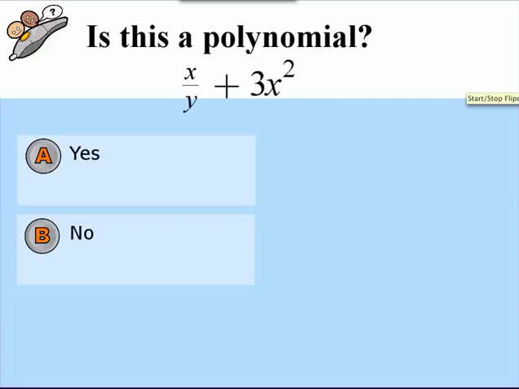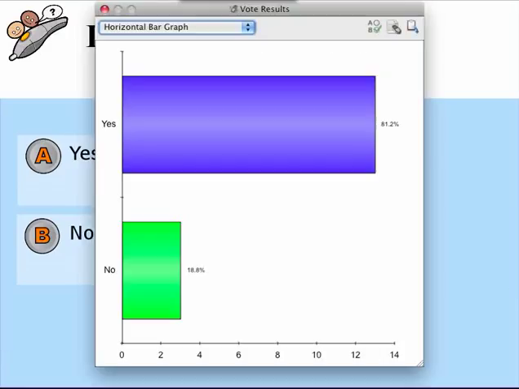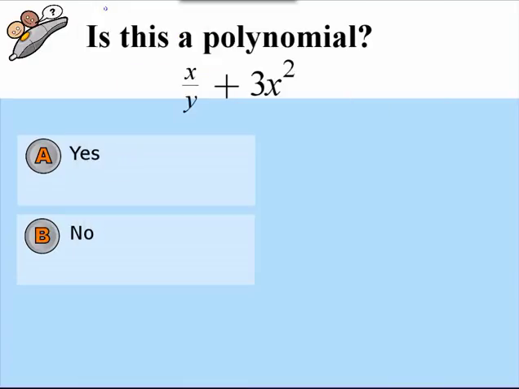Is this a polynomial? Here you go. What'd you put? Yes. This one really threw you for a loop. We had a few of you put no. Why no? Because of the fraction.